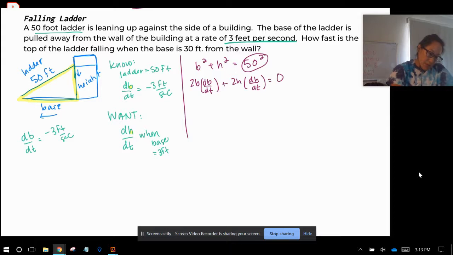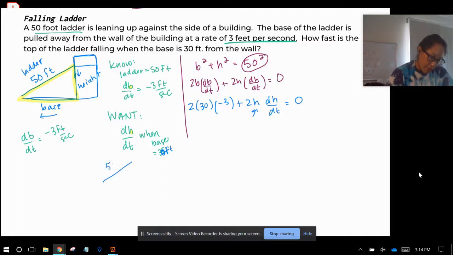All right, substitution. We have 2 times our base, 30 feet, times -3, plus 2 times, oh wait a second, I don't have anything for h, and I'm also solving for dH/dt. How could I figure out what our h value is going to be? Well, think about what the ladder is going to look like at this specific instant.